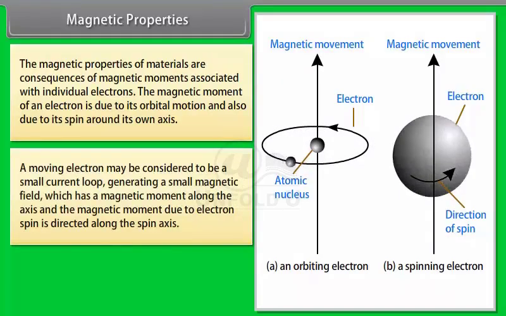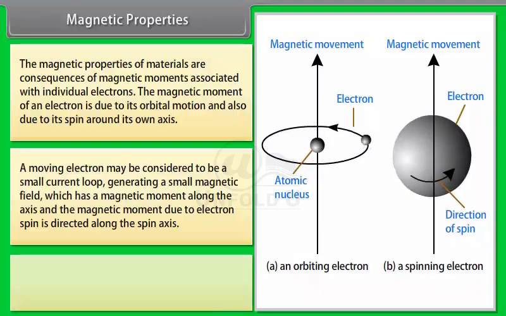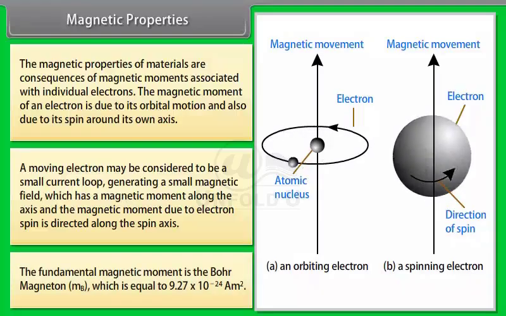A moving electron may be considered to be a small current loop generating a small magnetic field which has a magnetic moment along the axis, and the magnetic moment due to electron spin is directed along the spin axis. The fundamental magnetic moment is the Bohr magneton, μB, which is equal to 9.27 × 10^-24 A m².